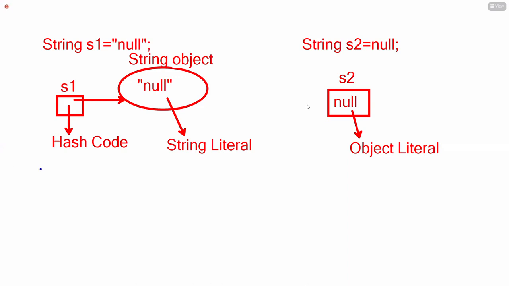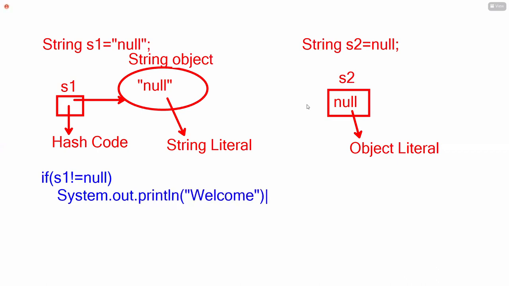Okay. Now here, if I write, what will happen? Give me the answer. If S1 not equal to null, System.out.println welcome. Here I'll write the same code.